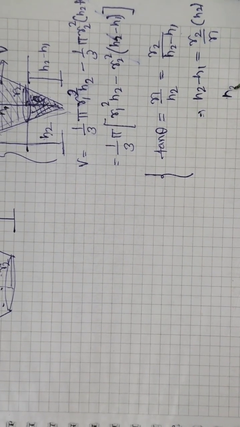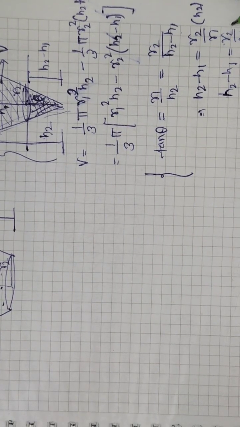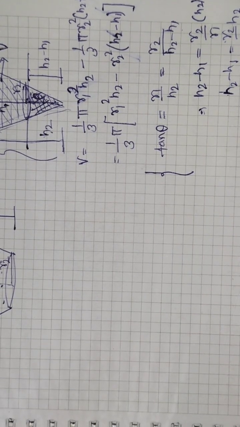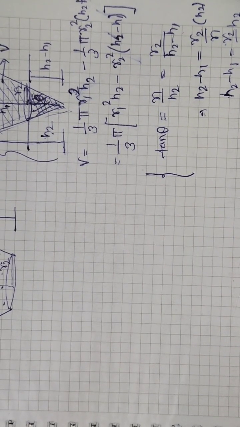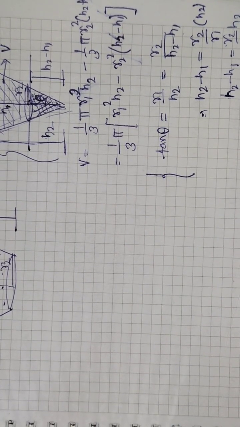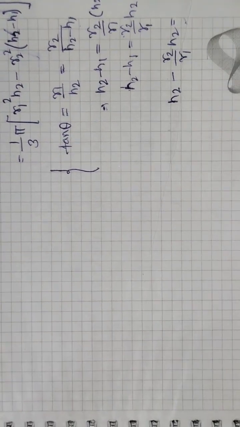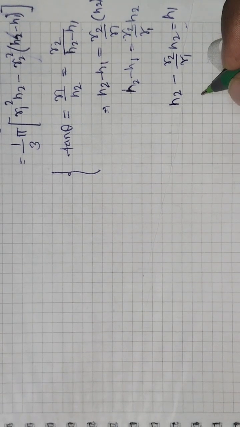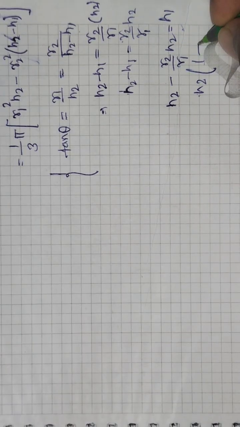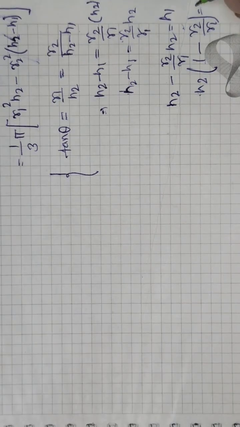Okay, so h2 minus h1 equals r2 upon r1 h2. So h2 minus r2 upon r1 h2 equals, we will send it that side, h1. And if we take h2 common, then h2 into (1 minus r2 upon r1) equals h1.